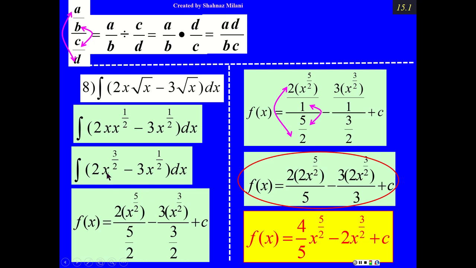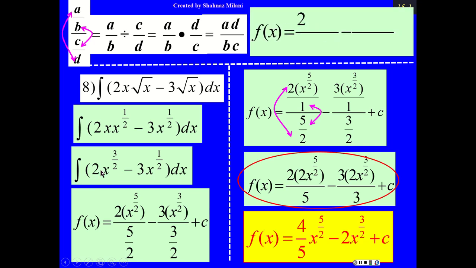Then, x to the exponent 3 over 2, you add the 1 to it, which becomes x to the exponent 5 over 2, and then the reciprocal of 5 over 2 is going to be 2 over 5. 2 goes as a numerator, 5 goes as a denominator. If you pay attention to this, you can see it is exactly the same as this.